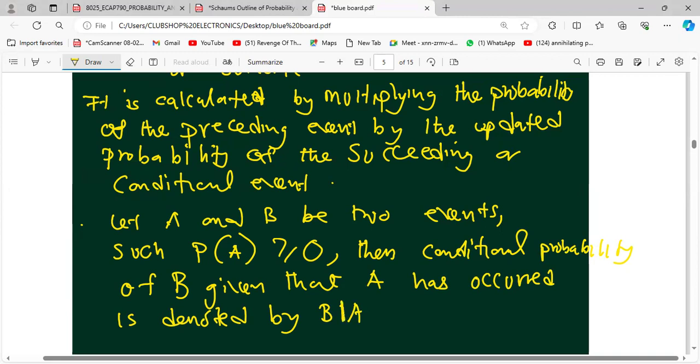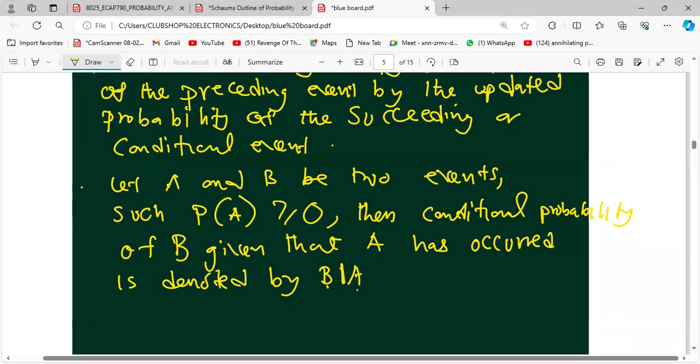So this is it, P(B given A): the probability of B given that A has taken place. Okay?